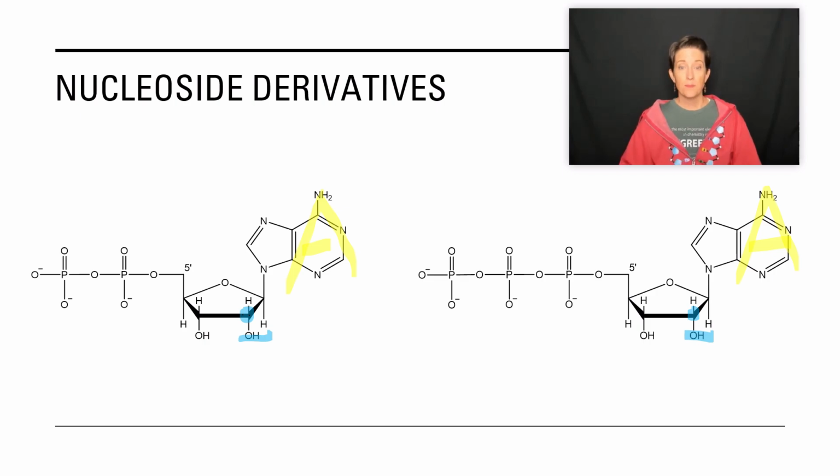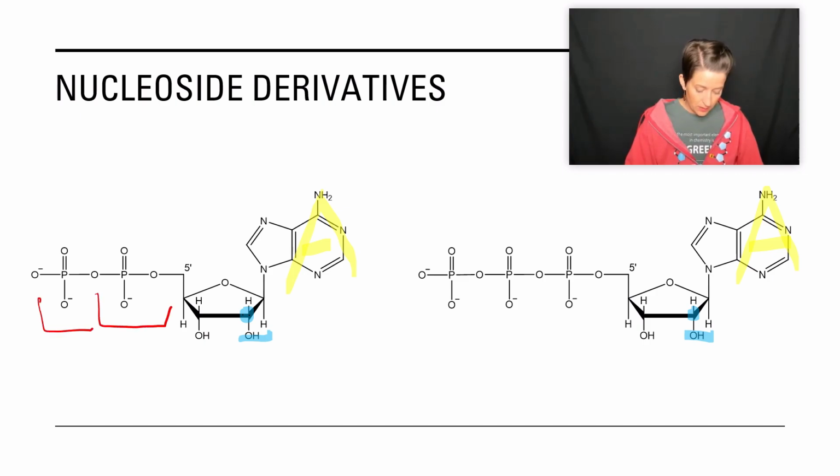Therefore, these are both adenosine structures. We do not need to add the deoxy in front of it because they are not without oxygen. They have their oxygen. What is different now is that we have 1, 2 phosphates on this first adenosine molecule.